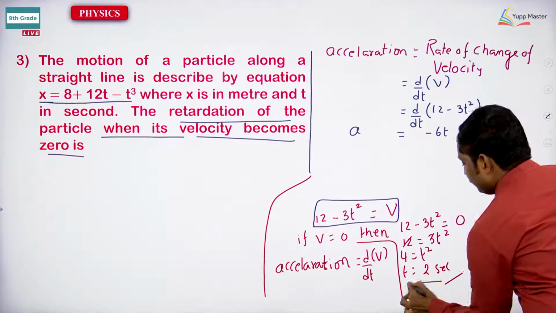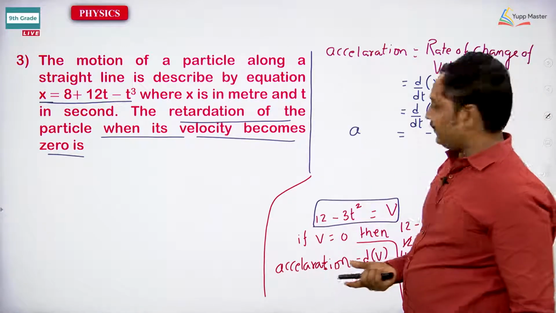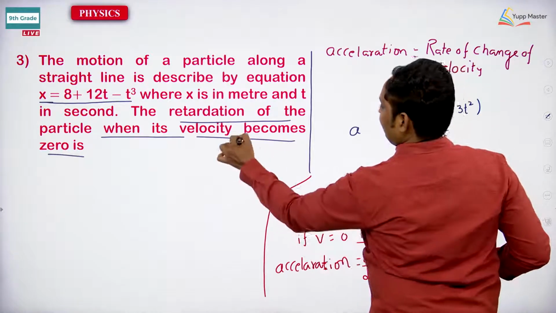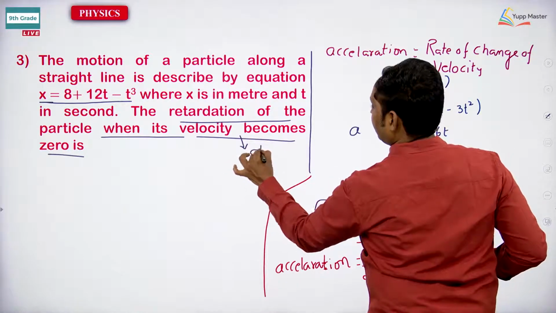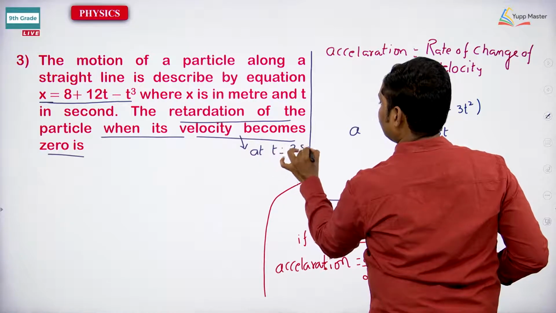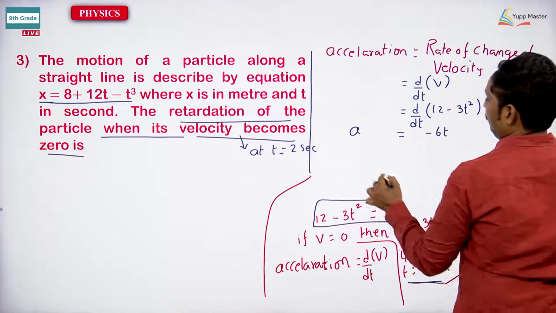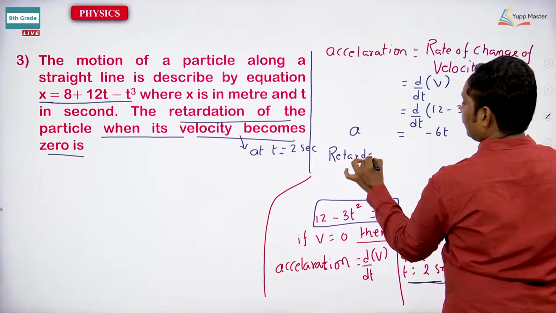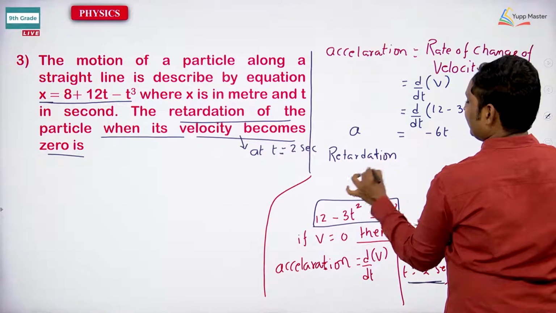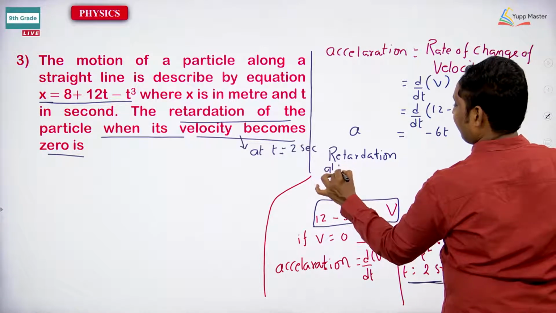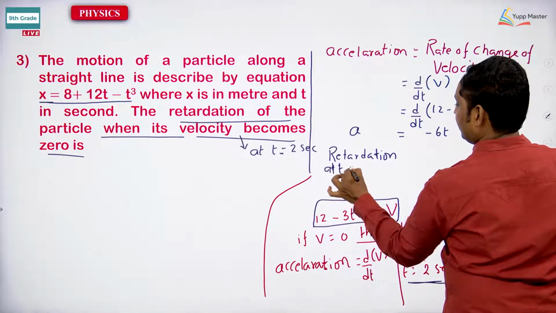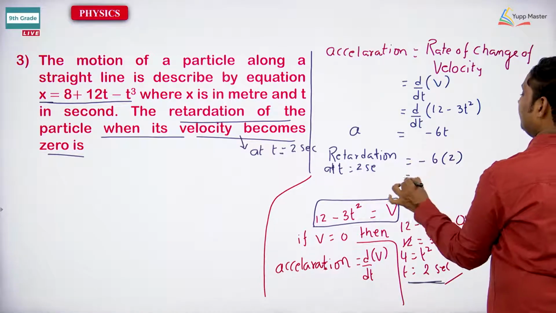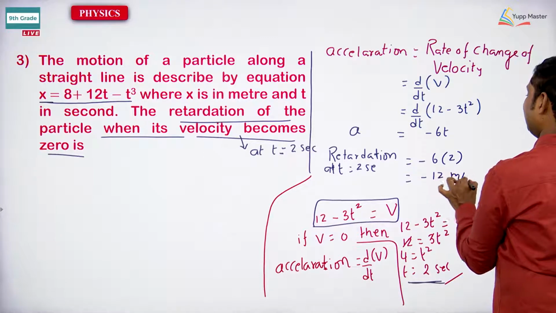The velocity becomes 0 at t is equal to 2 seconds, it is very clear. Therefore, retardation at t is equal to 2 seconds is equal to minus 6 into 2, that is minus 12 meter per second square.